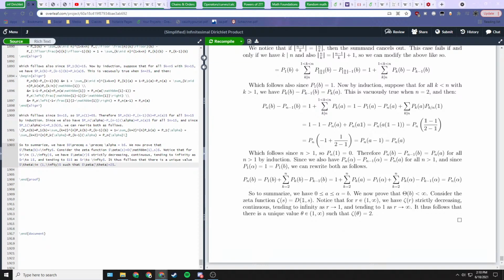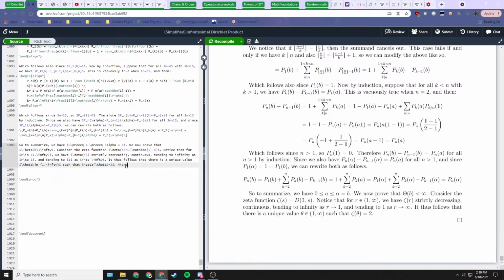Essentially we're saying, since zeta is strictly decreasing, continuous, and tending to infinity at 1, and tending to 1 at infinity, it must bijectively cover all the values from 1 to infinity. In particular, since it's continuous and strictly decreasing, that value is unique. So there's a unique value theta such that zeta of theta is 2.